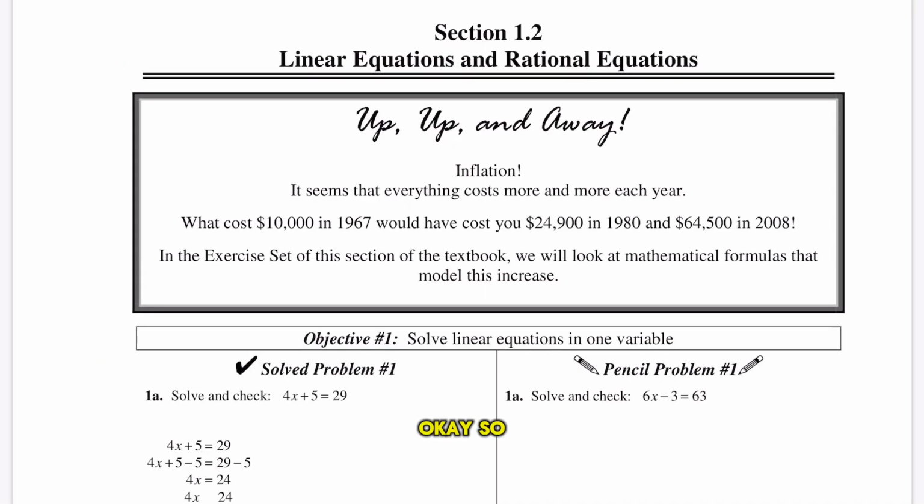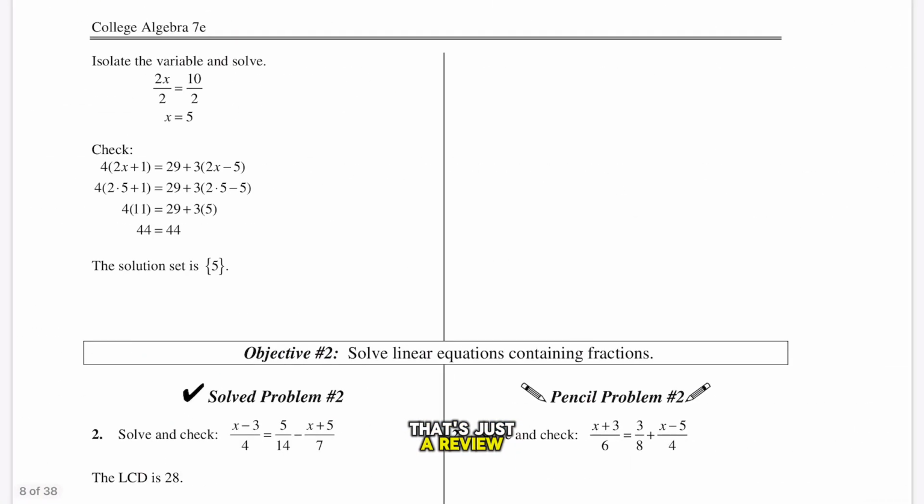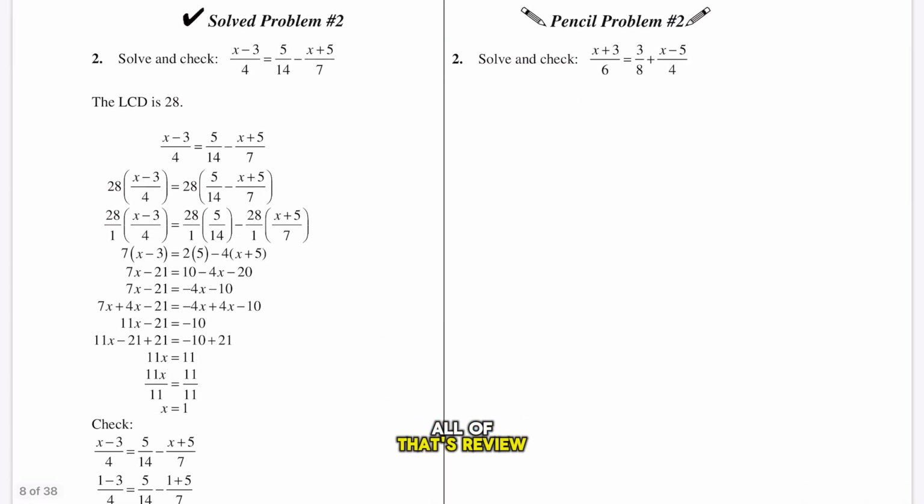Okay, so for section 2 in chapter 1, you should be pretty good with solving equations. That's just a review. All of that's review.